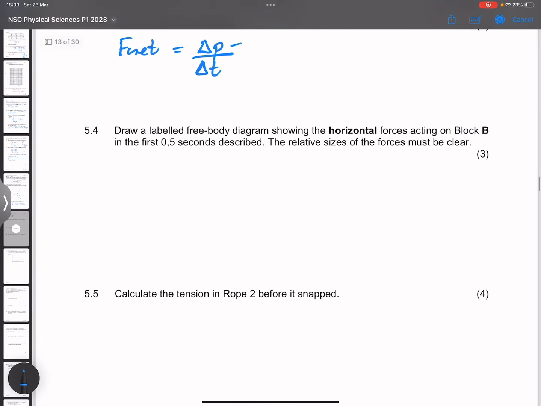I know it's accelerating to the left, so it means the greater force must be the force of rope 2. And we've got the frictional force. Now, relative to the size of rope 2, the frictional force must be smaller.